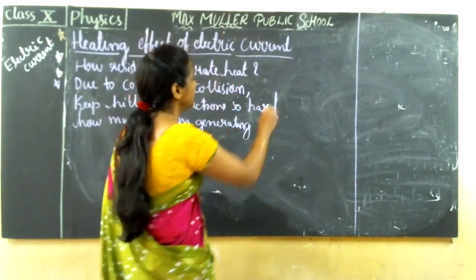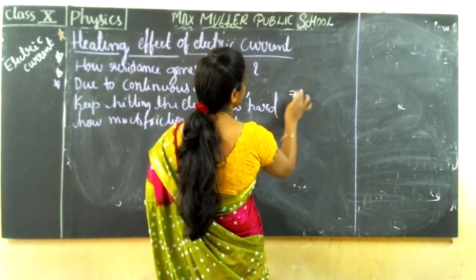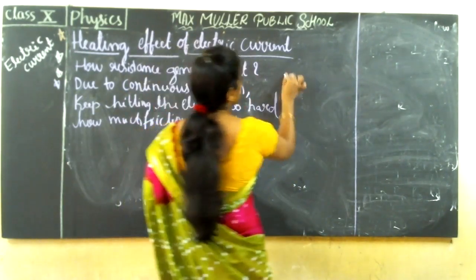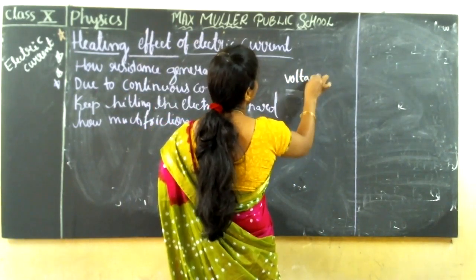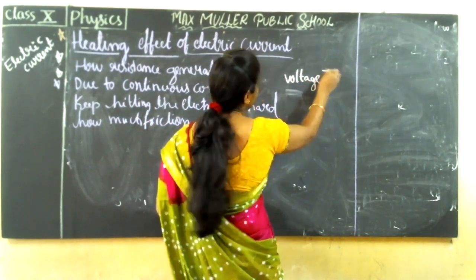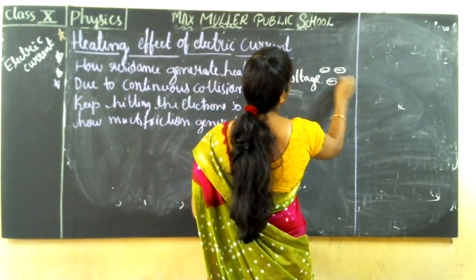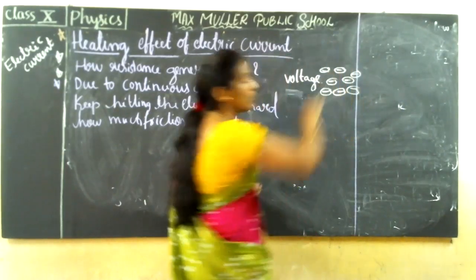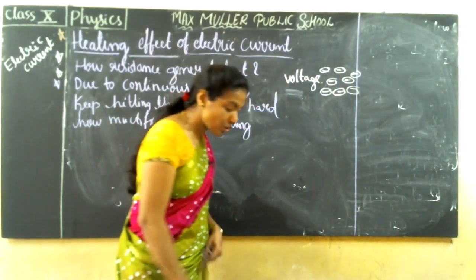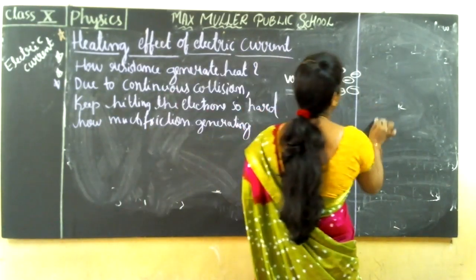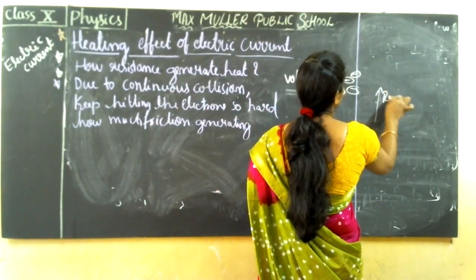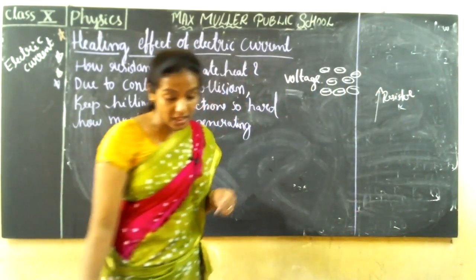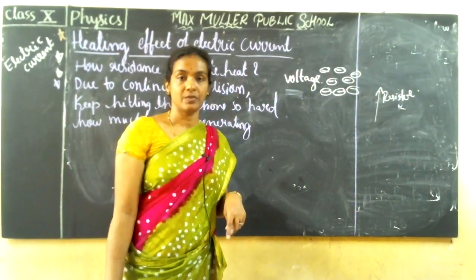For example, as we all know, voltage means the moving of electrons. Some electrons are moving here, and at one point there will be our resistor.